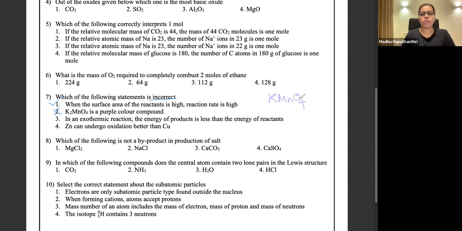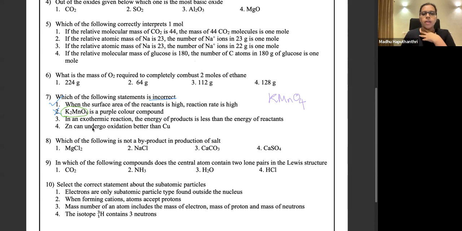This is KMnO4. This is potassium permanganate. This is called potassium manganate, right? Potassium manganate's color is green. So therefore, don't get confused. Read the question carefully. Notice that it's not potassium permanganate.